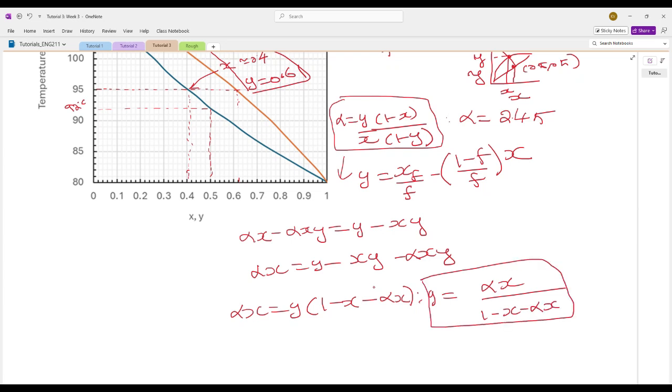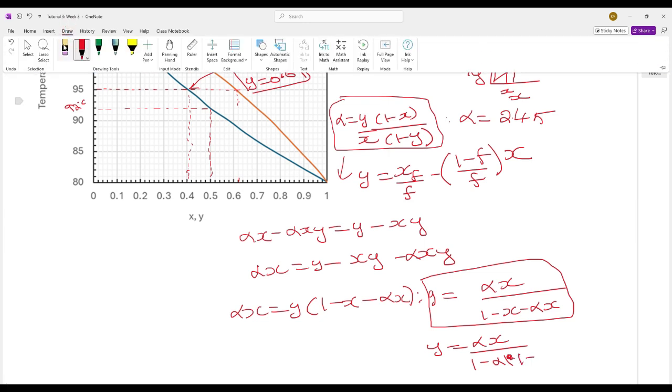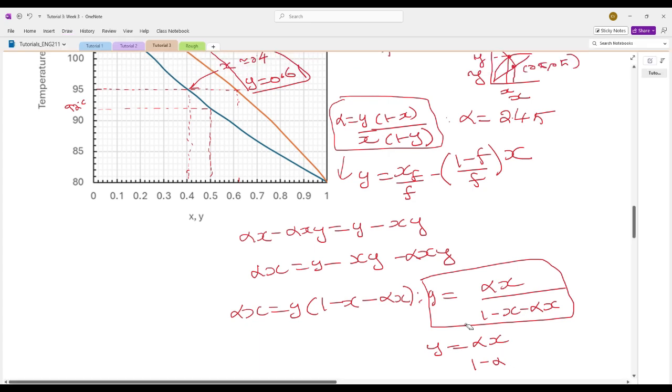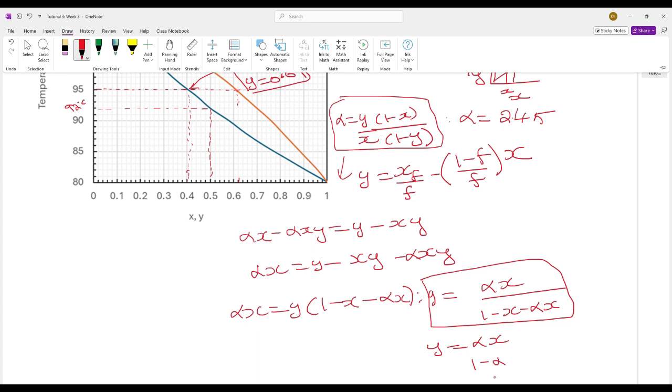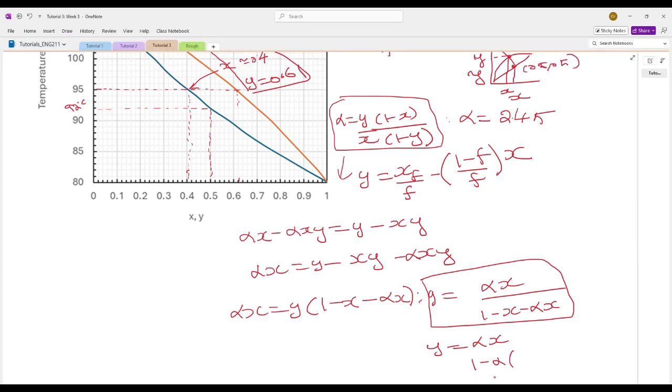This is something I can make a bit simpler. Y is equal to alpha x divided by 1 minus alpha into x, or 1 minus x. So let me rewrite this. I'm going a bit slow, but anyway, we will solve this problem correctly.